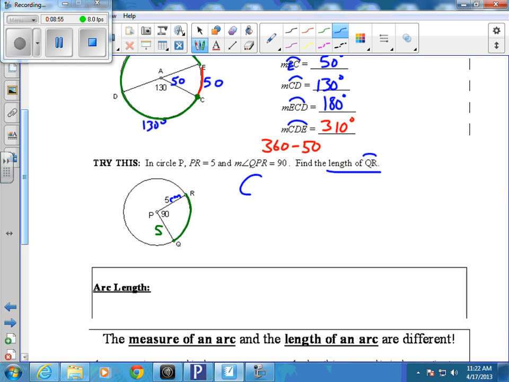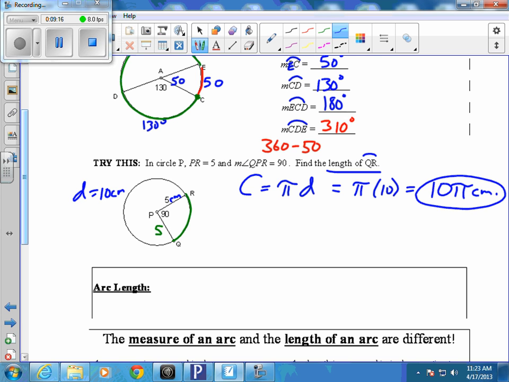Okay, so since the circumference, or the distance around a circle, is pi times diameter, or you can use 2 pi r, in this case, since the radius is 5, our diameter is 10 centimeters. So an exact value, pi times 10, would be 10 pi centimeters for our distance around the entire circle. Now, because 90 degrees is the measure of our arc QR, not the length, it's 1/4 of a circle.